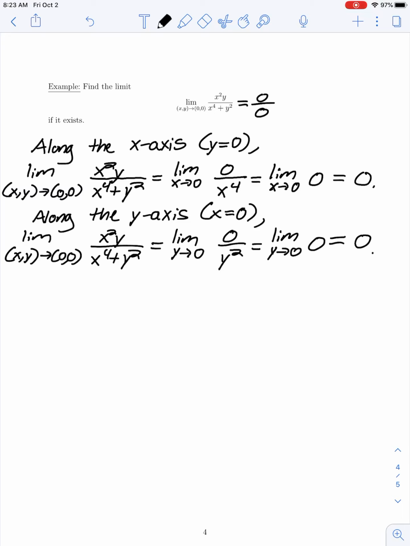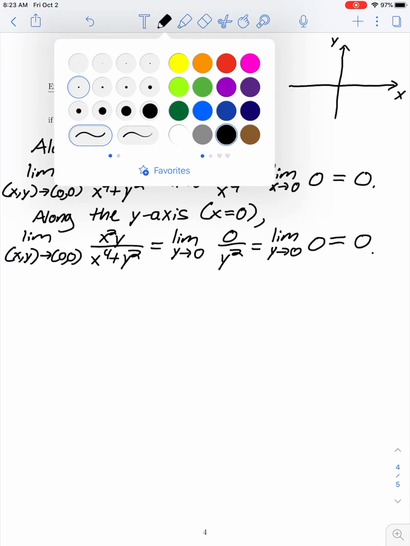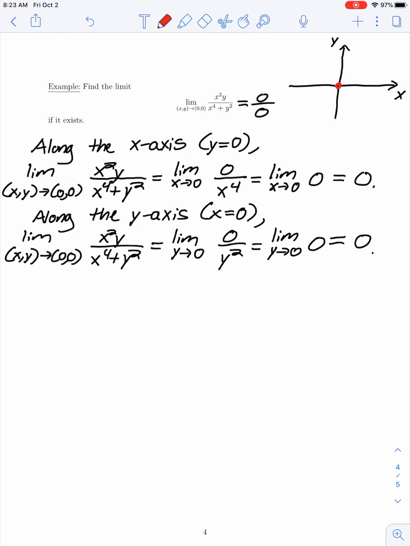So let's think about trying to tackle more than one path at the same time. To illustrate, in the xy plane, we're taking a limit as we're approaching the origin, (0, 0).